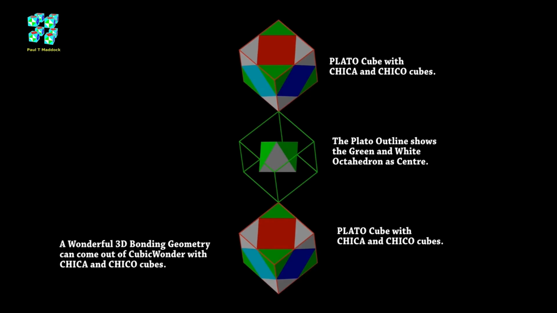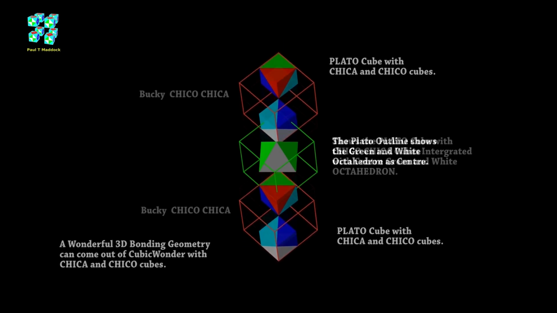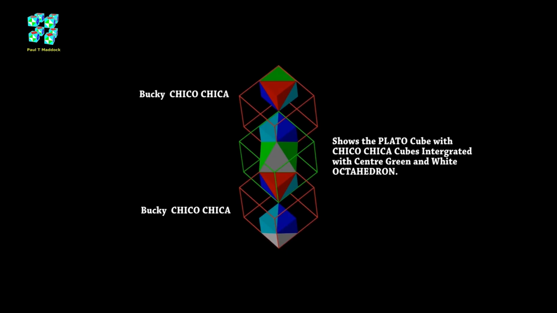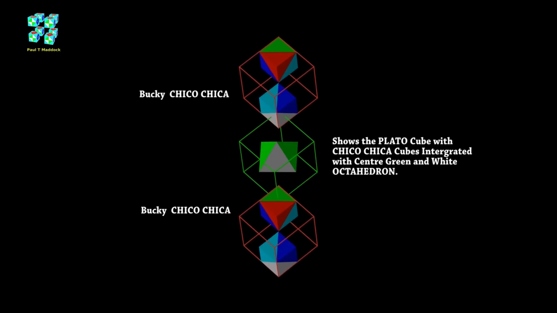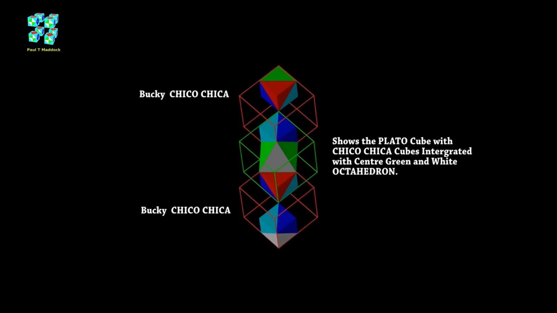Now I'm going to whittle down the Bucky cubes into Chico and Chica cubes. Now we're going to bring the top and bottom Bucky cubes to the center and show the integrated geometry of the Plato cube. I'll repeat this animation so you can see it better.